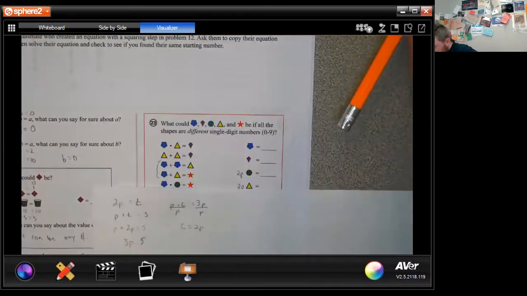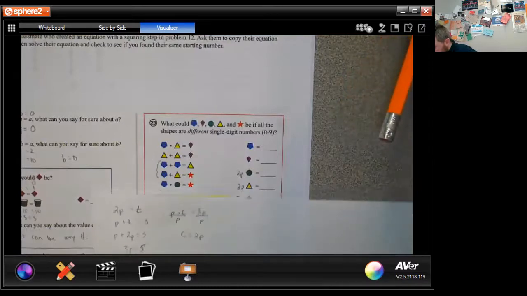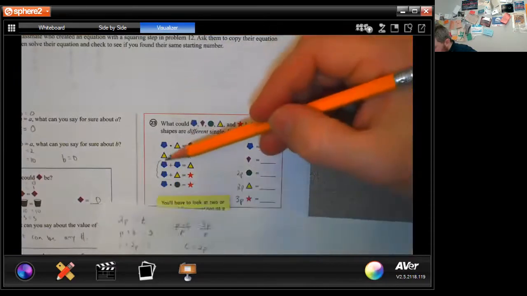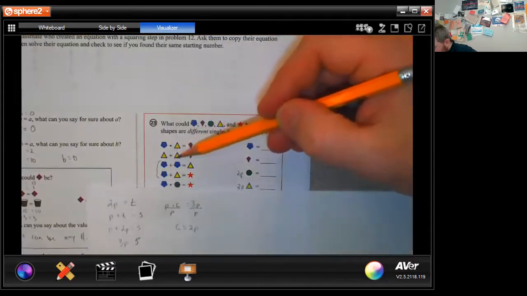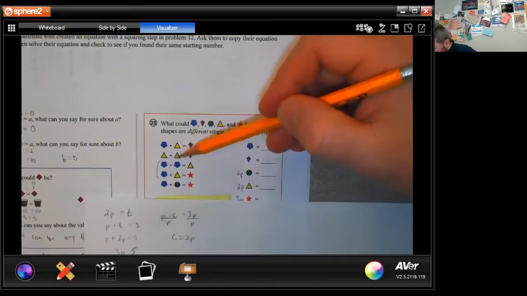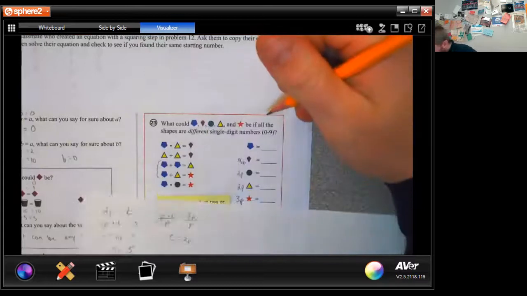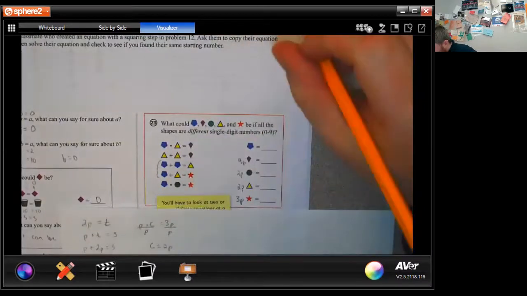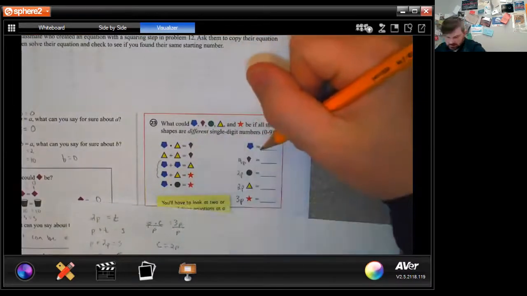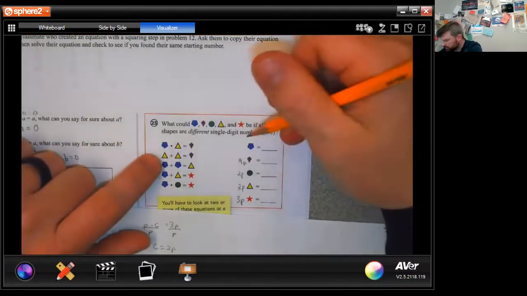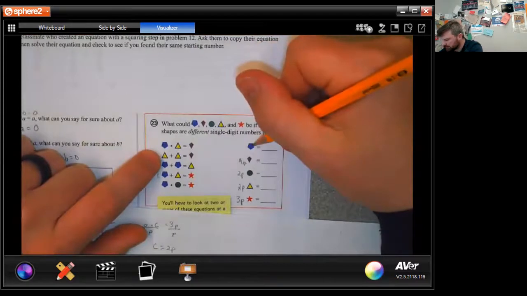Let's see. I know a kite is 2p plus 2p, so this is 4p. So what if we just say that this was, let's say a pentagon was 1. Okay.